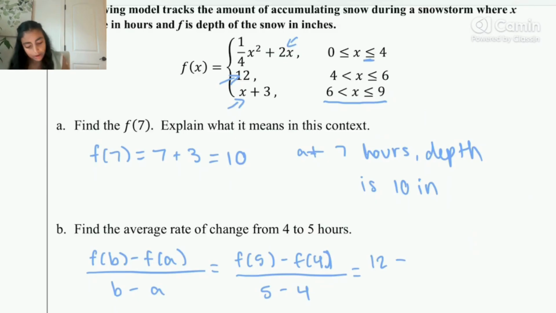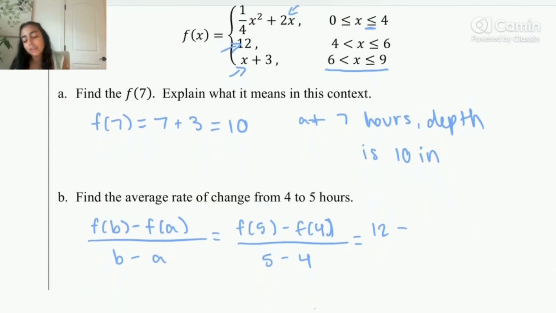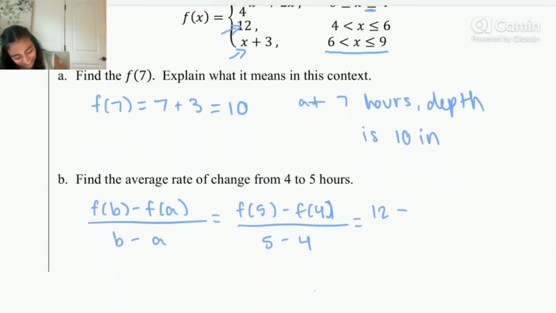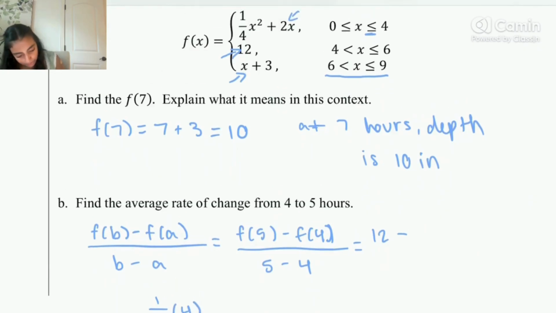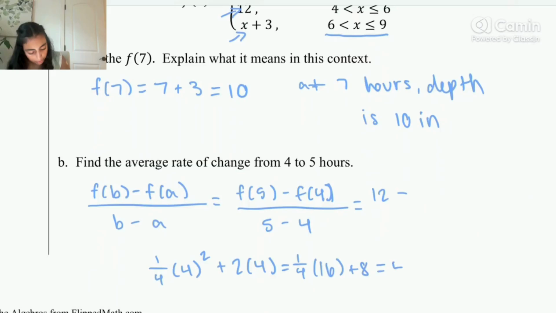And then f of 4 is a bit more difficult to find because we actually have to plug it into an equation, which is really annoying, but okay. So it's going to be 1 over 4 times 4 squared plus 2 times 4, which is 1/4 times 16 plus 8, which is 4 plus 8, which equals 12.